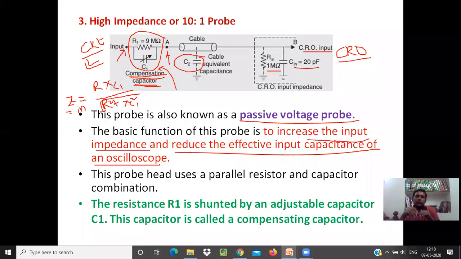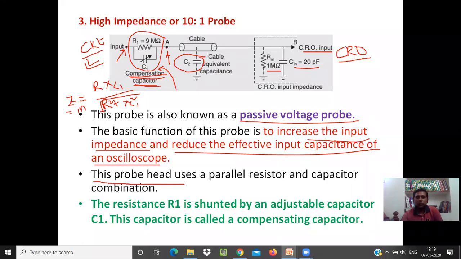In the direct probe, the capacitor gets added. To reduce that and to maintain the 20 picofarads as it is, this circuit is used. So there are two purposes: one is to increase the input impedance, and the second is to reduce the added capacitance in the CRO.